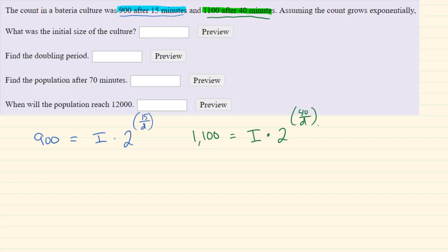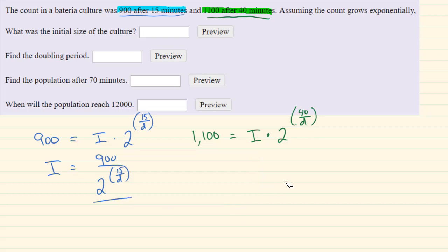So we're going to take perhaps the blue equation and we're going to solve it for I. So we're going to get I by itself. So we'll say I equals 900 divided by 2 to the 15 over d power. So that's what I is equal to. And now we're going to take this I and we're going to substitute it in for I in the green equation.